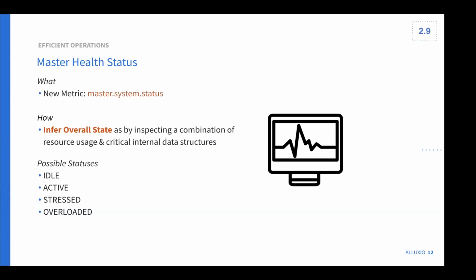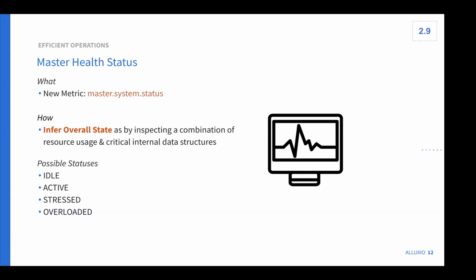So by resource usage, you could think of things like the JVM heap and the garbage collection time, and also internal data structures such as lock tables, to see what is the general health of Alluxio. So this metric is a good indication of if you've put all of a sudden a lot more load on the Alluxio system, if something needs to change, inspecting this new metric should point you in the right direction.